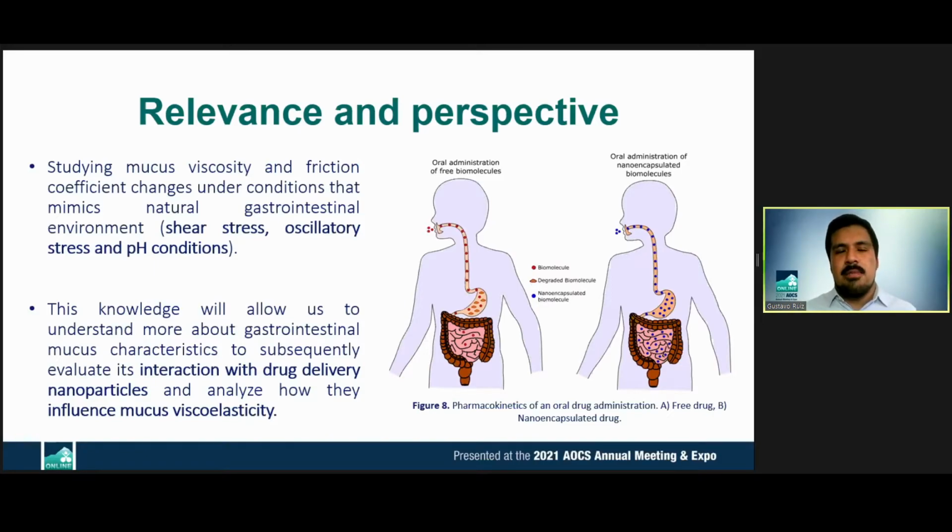In the future, as I mentioned, the perspective is to develop nanoparticles for drug delivery. One important interaction between nanoparticles and this mucus is mucoadhesivity, which can be evaluated through Tribo-rheology, but which can also tell us if the nanoparticles are modifying the structure or the properties that are very important, for example, the protective and the lubricant ones.